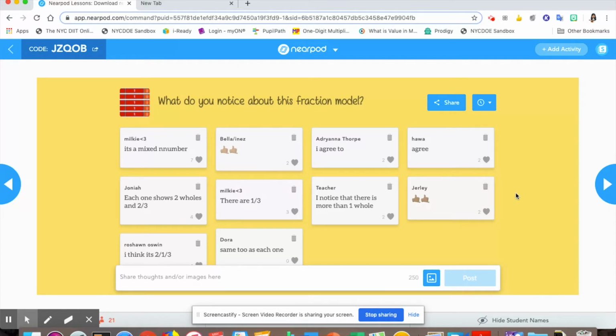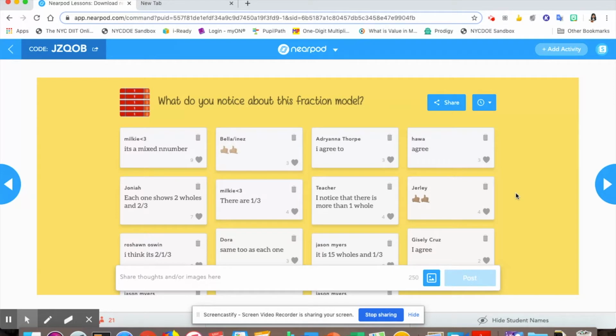It seems like we agree that there's a mixed number being shown. Okay, so Jason is saying that there's 15 wholes and 1/3. I'm glad you were able to get on, Jason. Okay, Kiana agrees. All right, awesome.